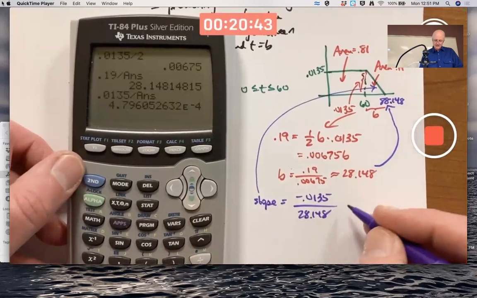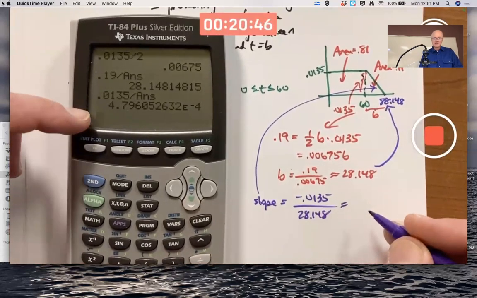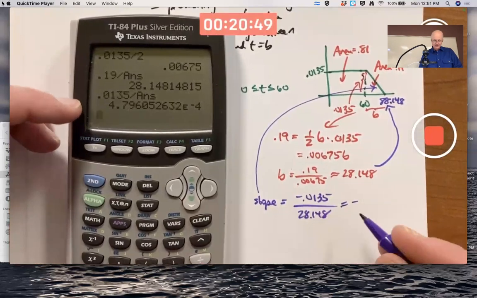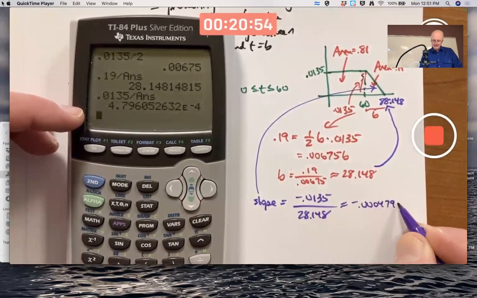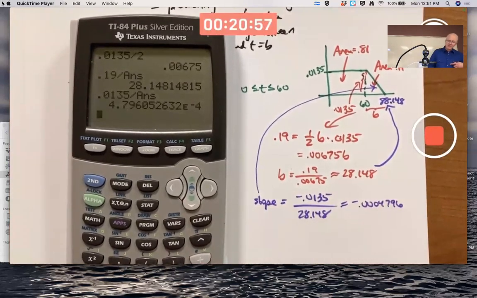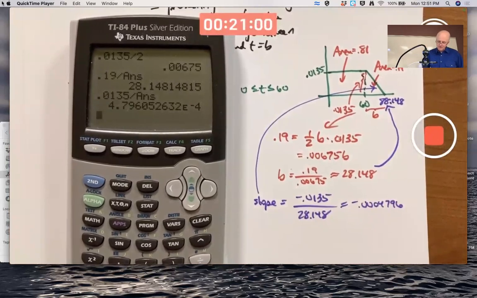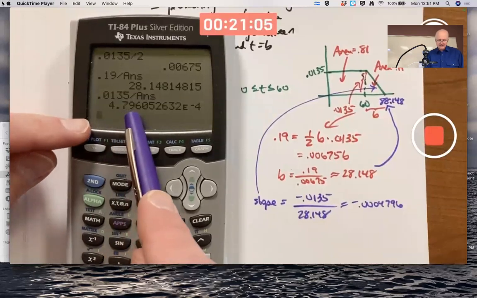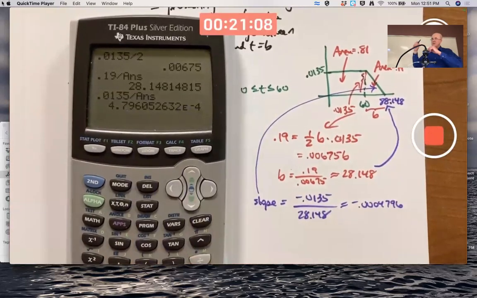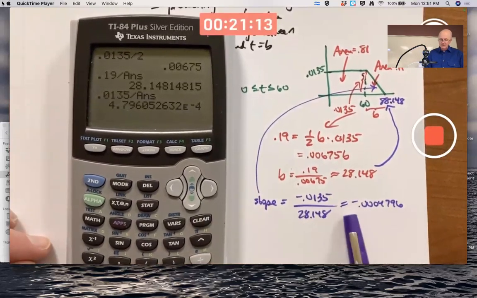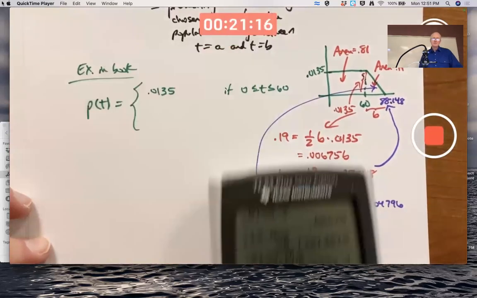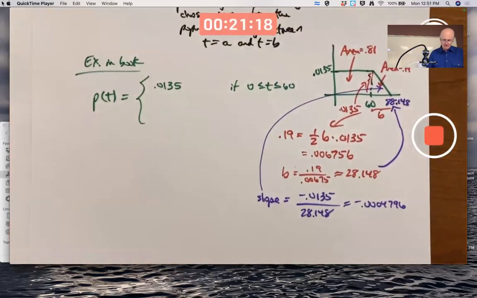The slope is about negative 0.0004796. I rounded more in the previous section to negative 0.00048, but I think I'd like to include more decimal spots. On the calculator, this is 4.796 times 10 to the negative 4, which means you need to move the decimal point to the left 4 spots, which means you'd have 3 zeros in front of the 4. And yes, we do need the negative sign. That's the slope of that line.